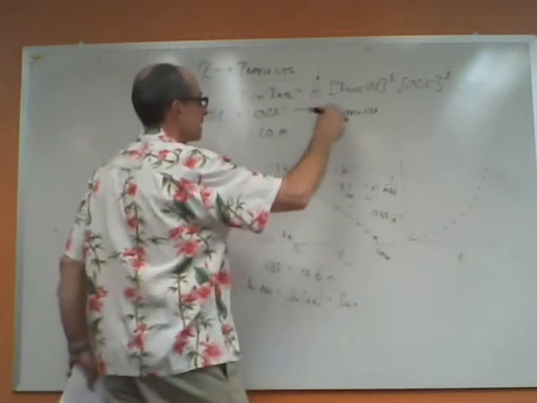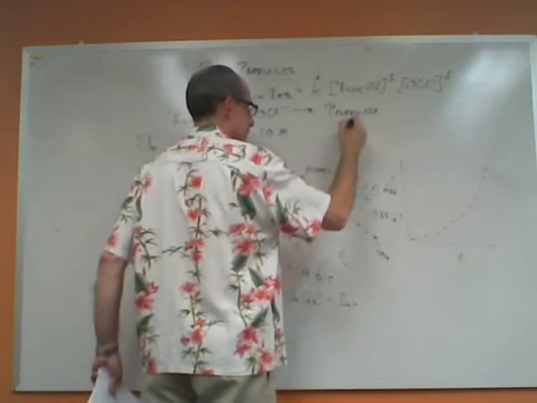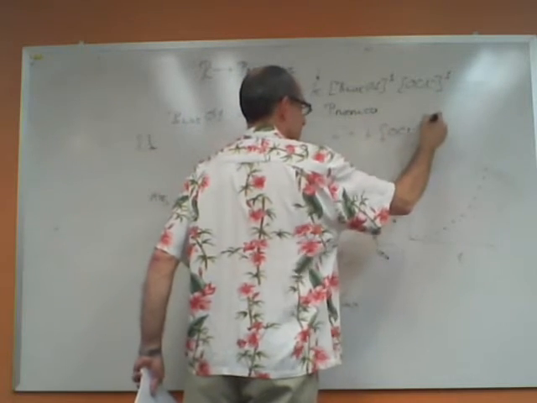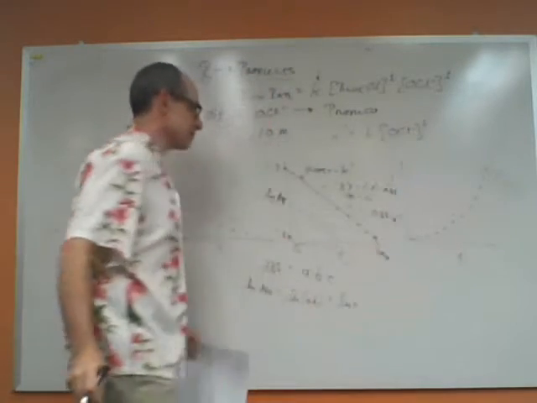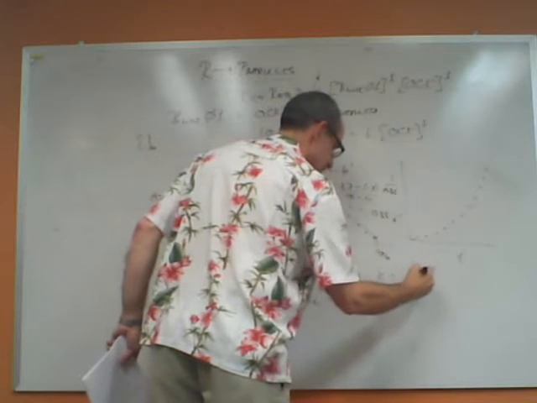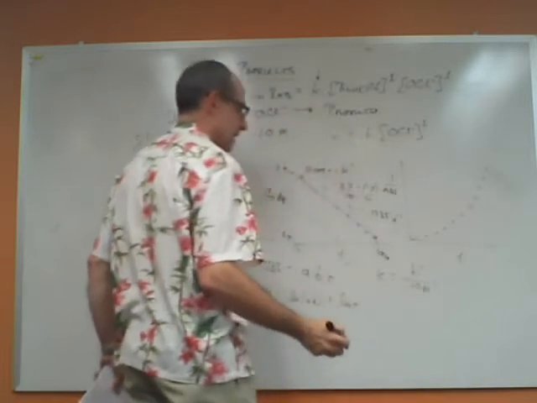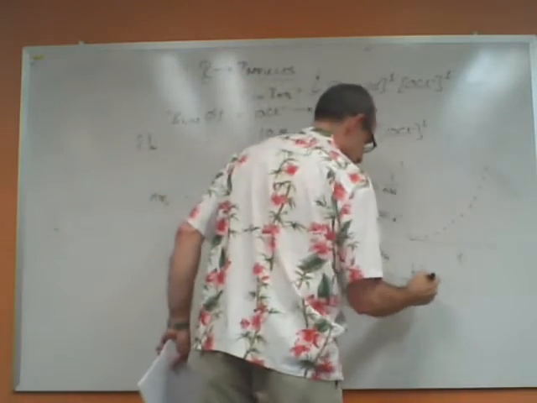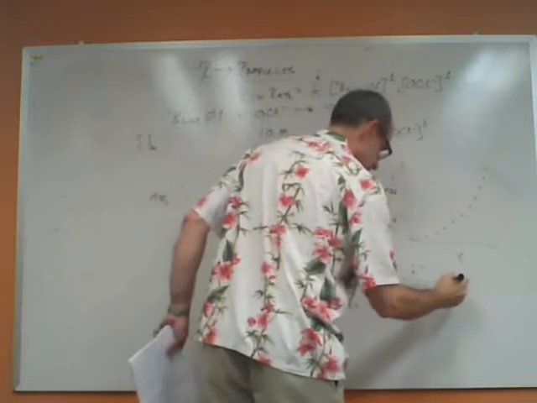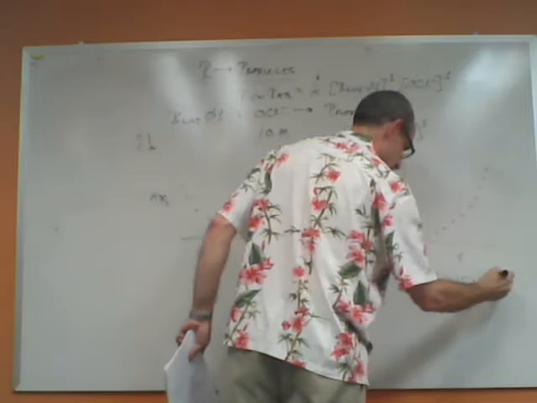K prime, which we just calculated, would be K times the concentration of OCl minus to the first power, and we know this is 0.1 molar, then K would be equal to K prime over 0.1 molar, and that would give us, with a negative sign there, 0.35 reciprocal molar, reciprocal seconds.